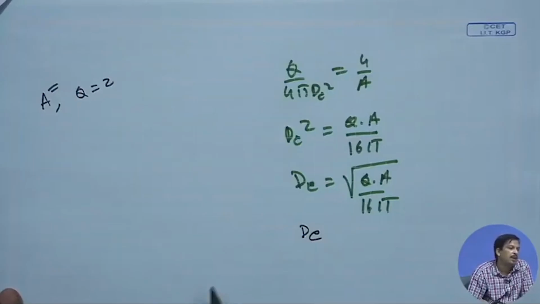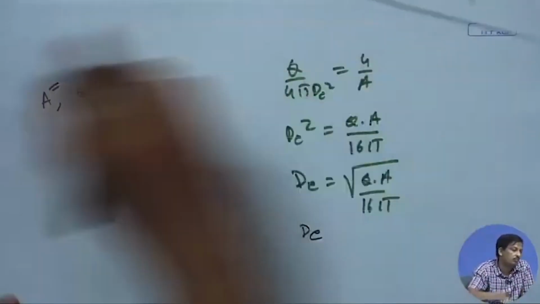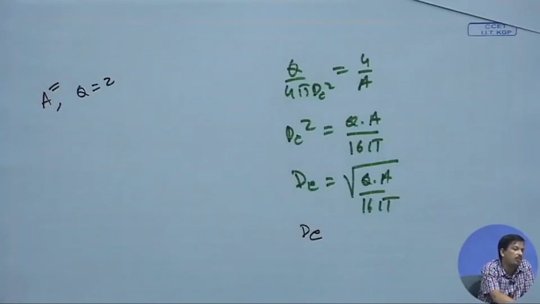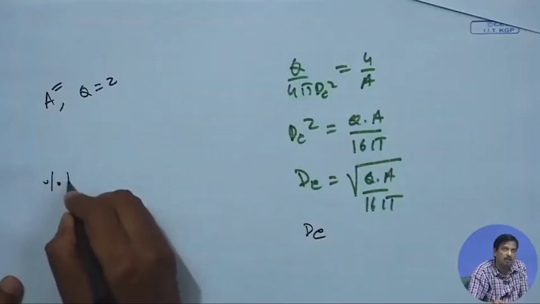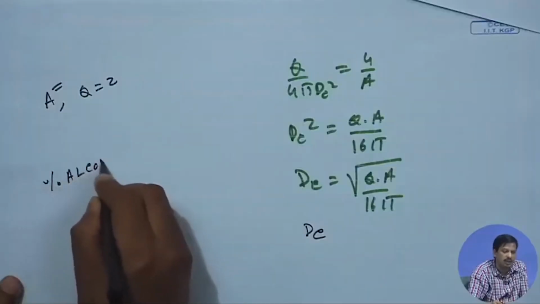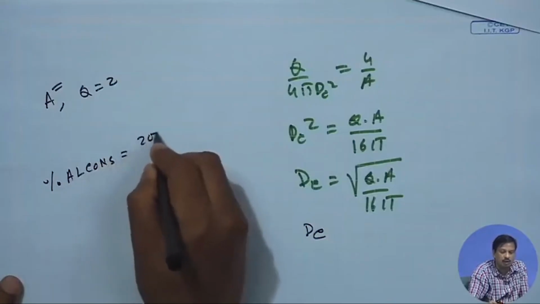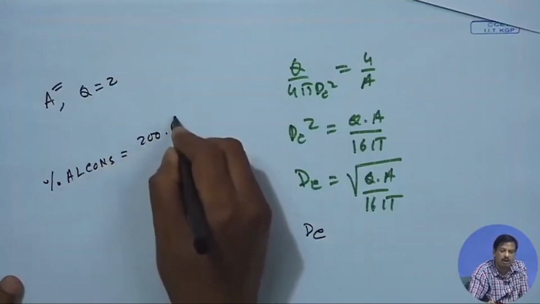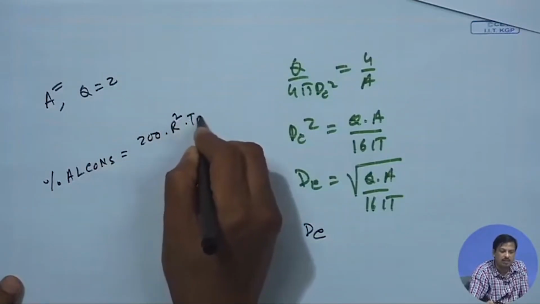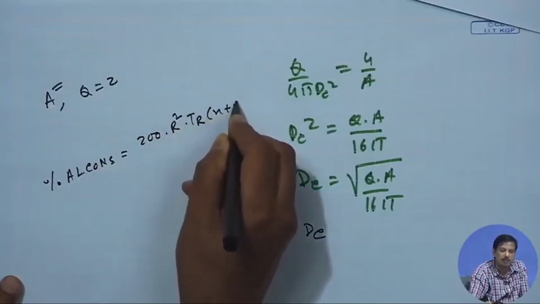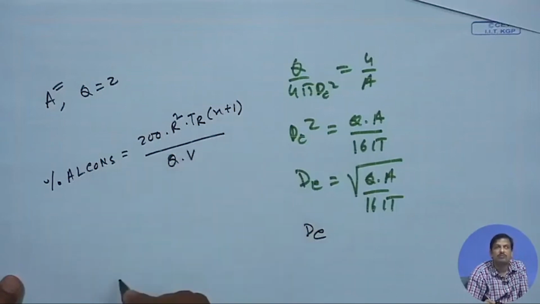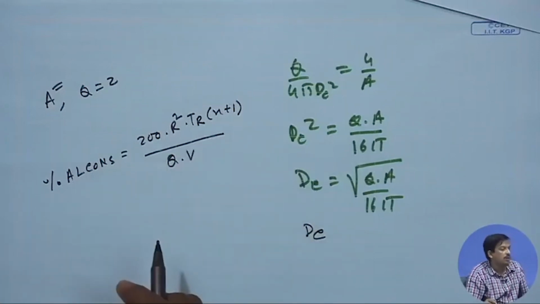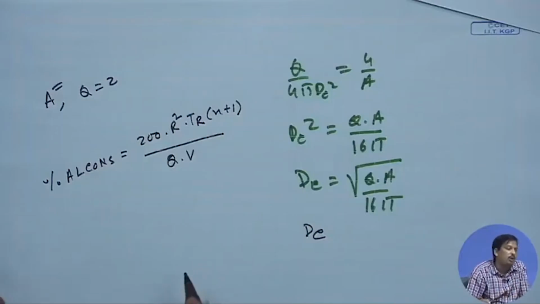Then I said calculate the percentage ALcons. What is the percentage ALcons formula? ALcons is nothing but 200 into R square, R is the distance, TR is the reverberation time, N is the number of reinforcement speakers, and Q into volume. In the problem, what is given?